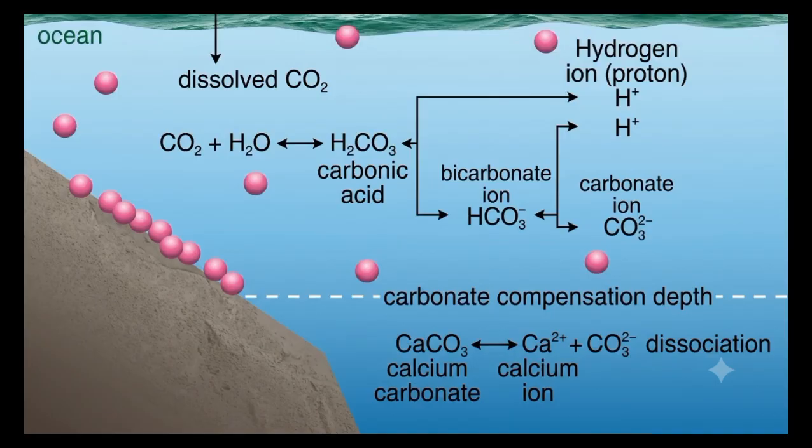So below the CCD, the carbonate compensation depth, as this is not a photic zone, no plant will be there, so carbon dioxide will not be absorbed by plants. More carbon dioxide will be there, and it will react with H2O, giving rise to more H plus ion. More H plus ion means the water is acidic.